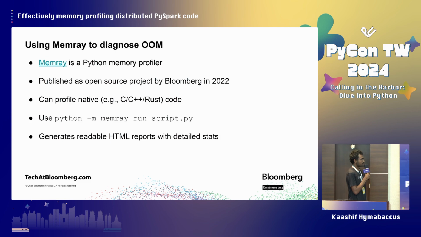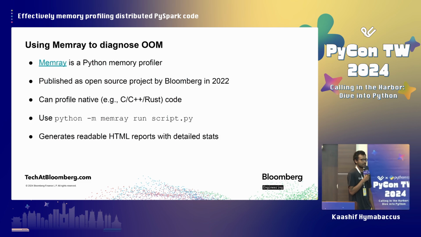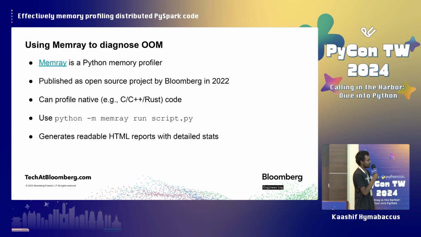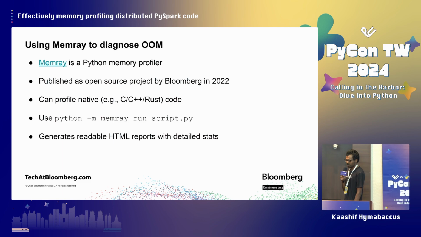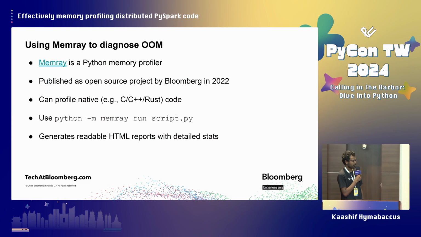Although it's obvious why this doesn't work conceptually, I think when we're starting with this example, it's useful to see what exactly is causing that out-of-memory error. Memray is a great tool for this. It's a Python memory profiler, i.e. it shows you the memory usage of your program at the point where it's using the most memory.